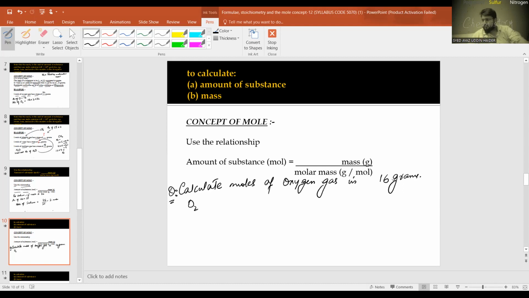So first of all, you have to work out the MR of oxygen. MR means relative molecular mass. MR of O2 is equal to 2 multiplied by AR of oxygen. AR of oxygen is 16. So we will get 32. In order to find the moles of O2, you will divide the mass by the MR. 16 by 32. It will become 1 by 2 or 0.5 moles. We have 0.5 moles of oxygen.